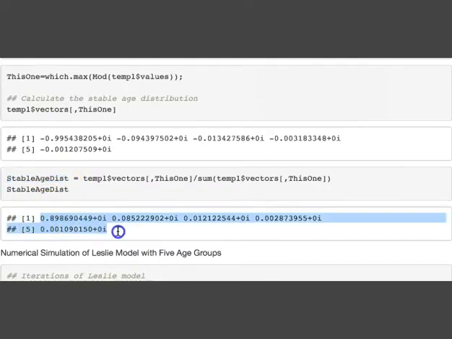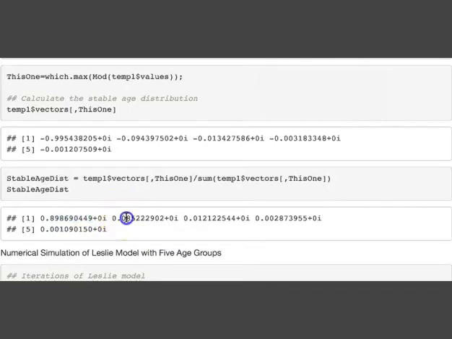The values stored there are 0.8986, 0.0852, 0.0121, 0.0028, 0.0010, and so on. Those are the 5 values.